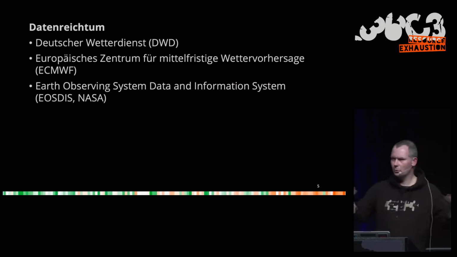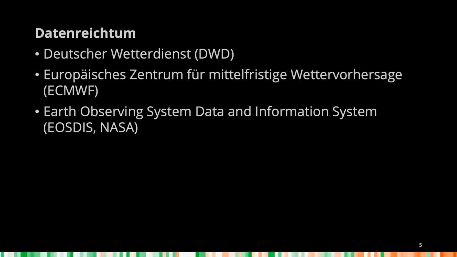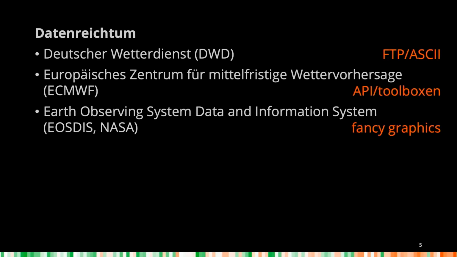I want to talk about the huge data we have. So, vast data volumes you can use. I'm talking about various services where there are weather and climate data, and you can use it for your own projects. So I'm talking about FTP servers with ASCII data.